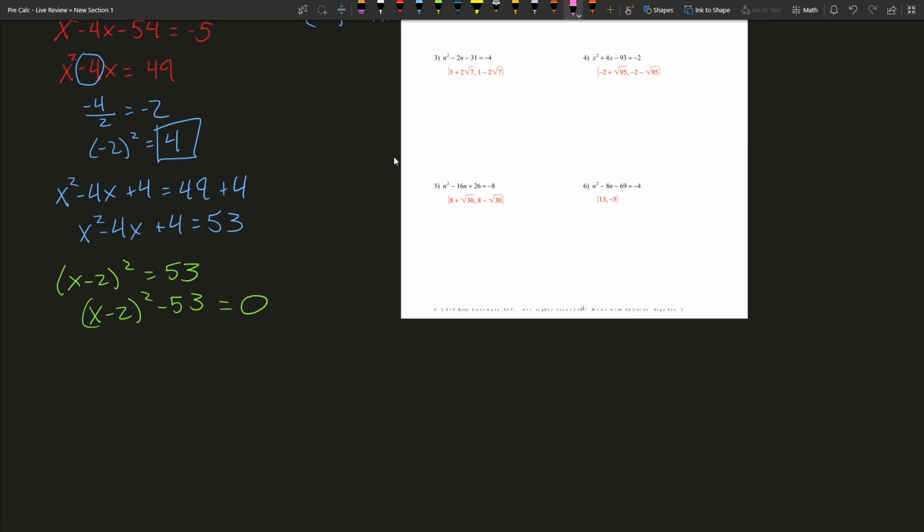So our answer, our vertex, is 2, negative 53. It is positive 2 because it's always the opposite of what's inside. Think back to when we were doing shifts and transformations. When it was inside parentheses, you always did the exact opposite of what you thought. It's the same thing here.